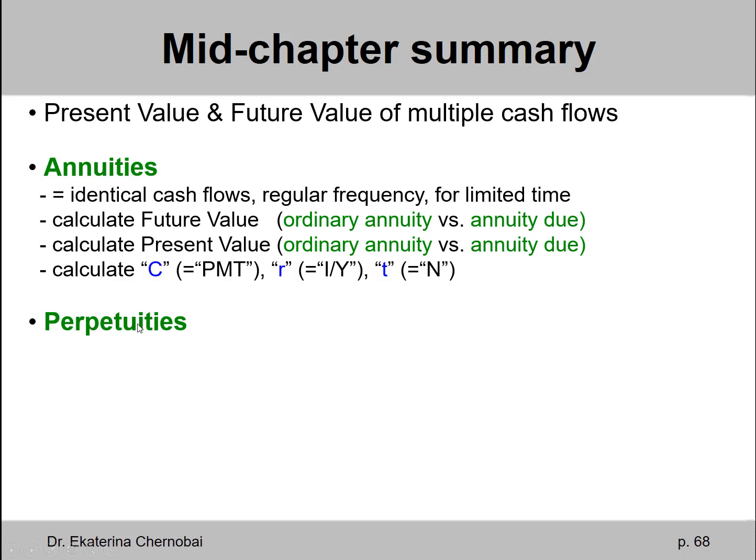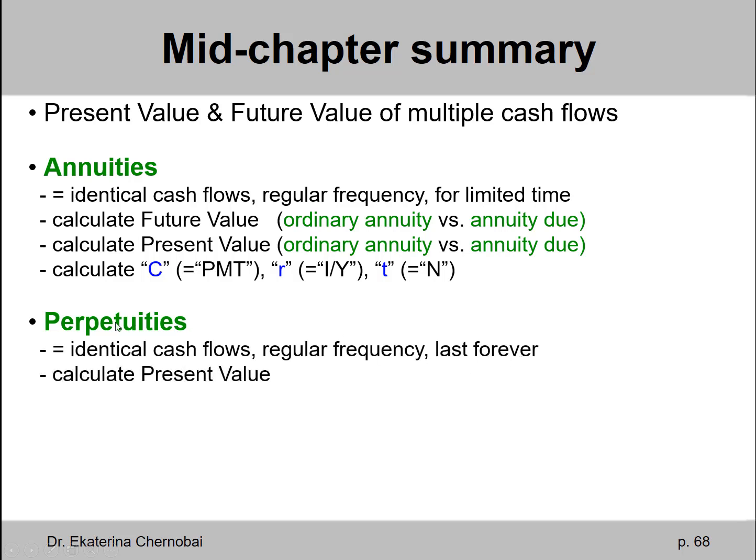That's when we have an annuity that never ends. So cash flows keep going forever, right? They last forever. We only looked at how to find the present value of a perpetuity, because the future value of any perpetuity would be an infinity, an infinitely large number. So we never even have examples on that case.